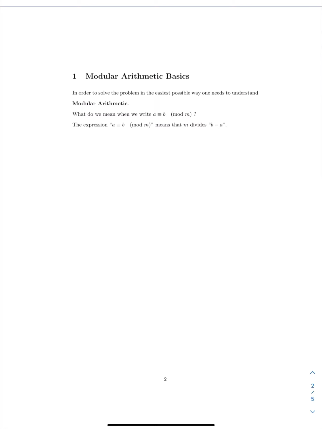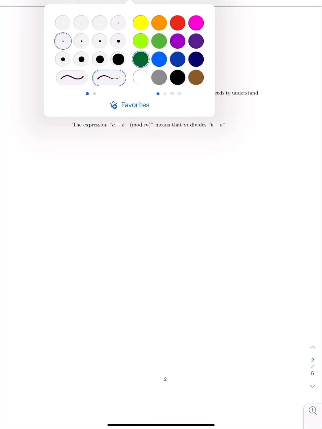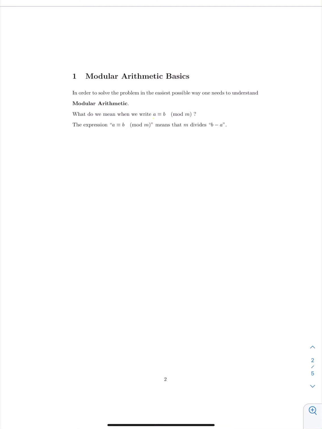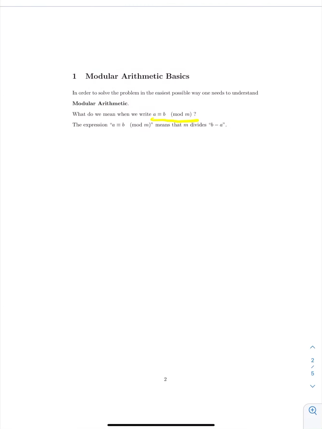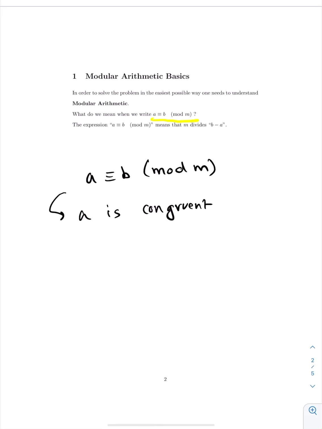So what is modular arithmetic? One very well-known notation in modular arithmetic is this notation, where something like this is written, and this is often said as A is congruent to B modulo M. Now the question is, what does this mean?